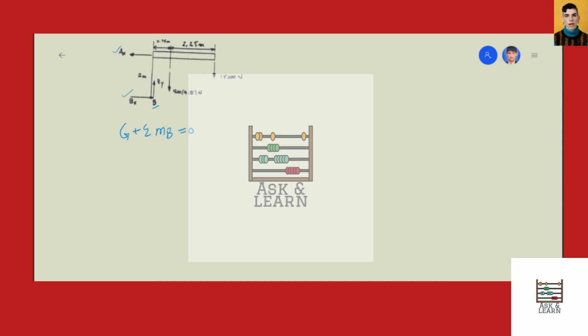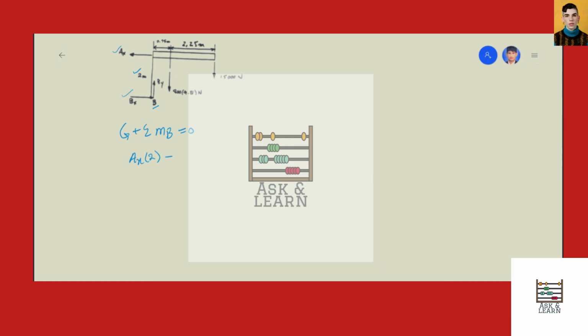After that we need to make an equation. The moment about point B from Ax is Ax and the distance, this 2 meter distance, so Ax into 2.